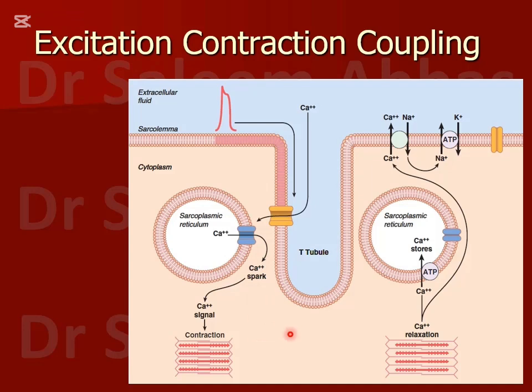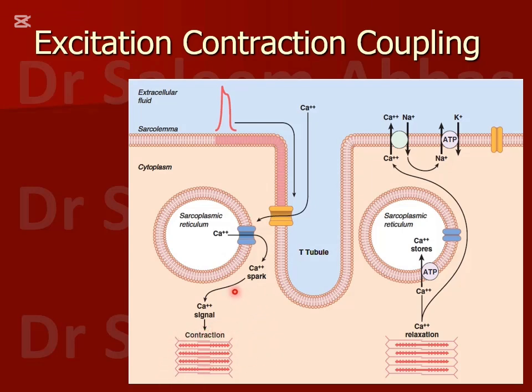So the calcium ion concentration inside the myocardial fibers rises. This increased level of calcium leads to binding of the calcium ions to troponin C, and that exposes the active sites on the actin filaments, to which the heads of the myosin get attached, and through the sliding filament mechanism, the process of contraction occurs.